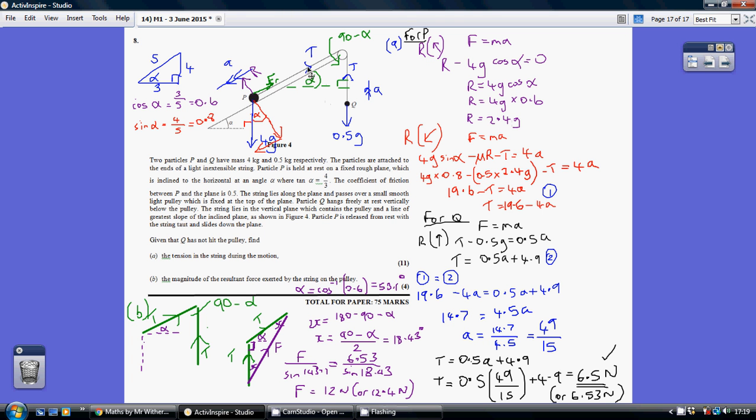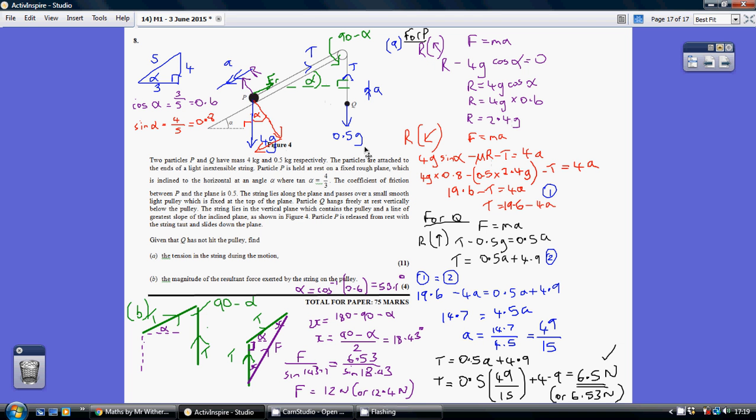So my net force is this red one here going down the slope, take away the friction and the tension going up the slope, and that force equals the mass times the acceleration, the mass of 4 times the unknown acceleration. So tidying that up, I get my first equation. I get tension equal 19.6 minus 4a.